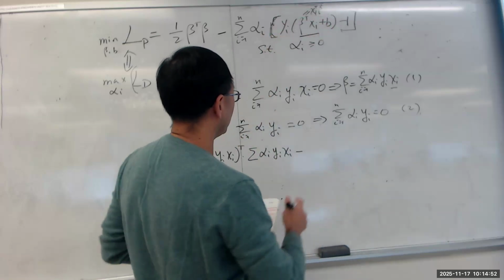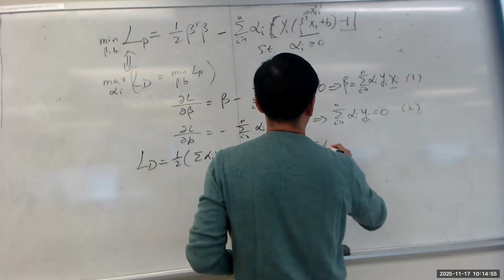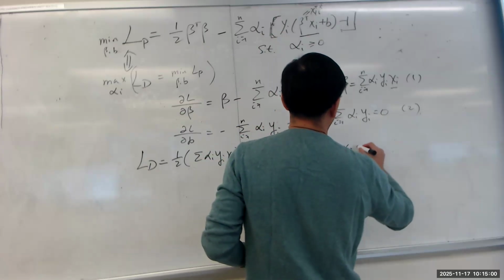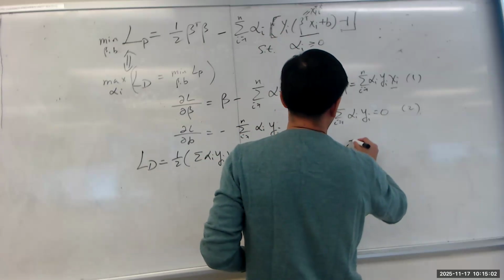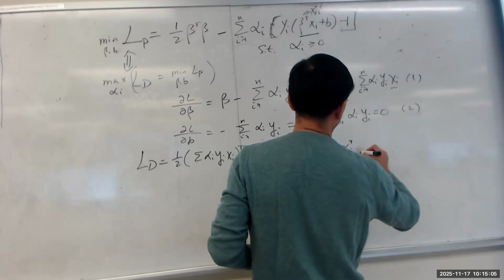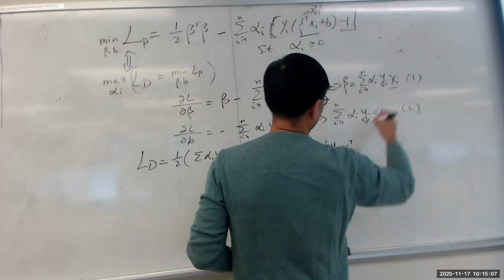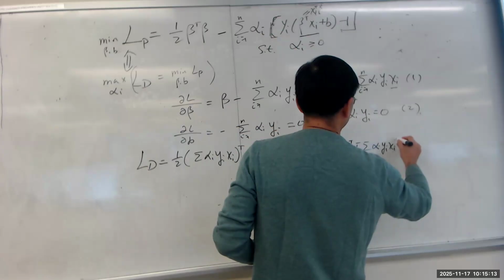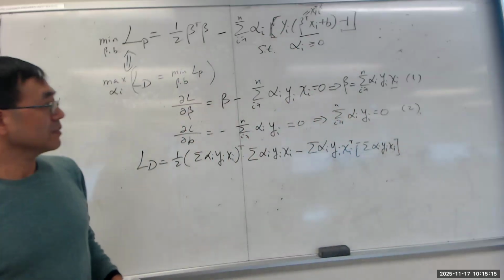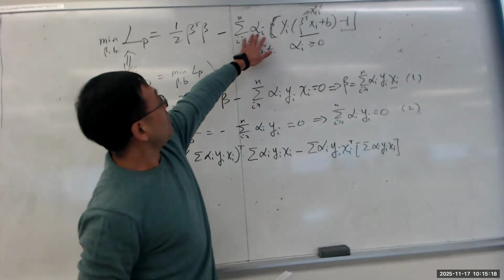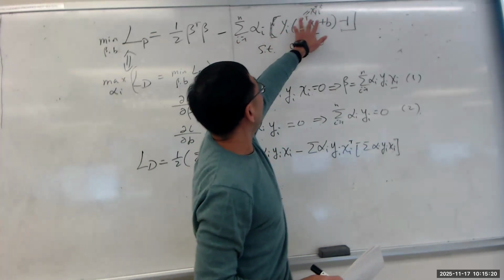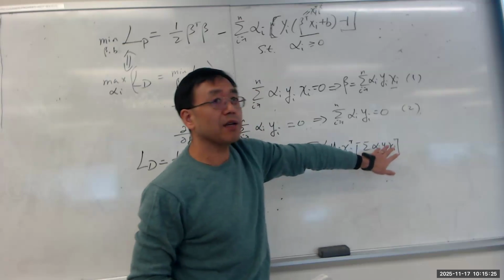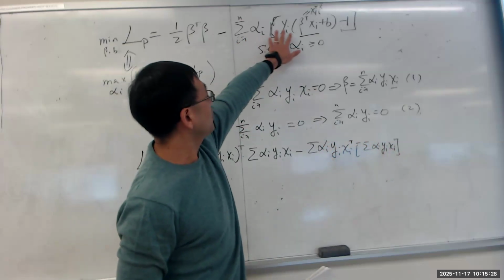We keep x_i transpose beta, and the beta will just be replaced by the summation of alpha_i y_i x_i. This is the first term.